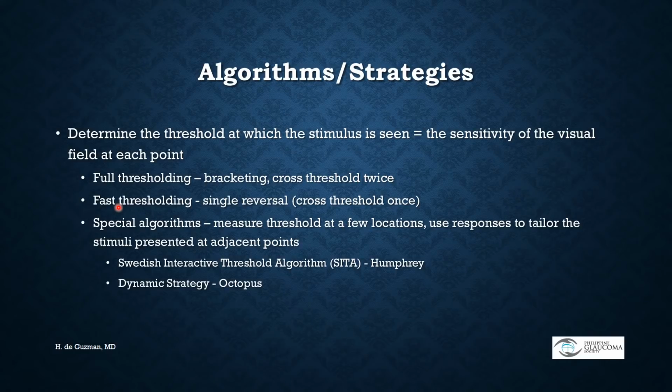There's the faster thresholding where it only crosses the threshold once. And then there are special algorithms which only measure the threshold at a few locations and then tailor the next stimuli based on the patient's responses to the earlier points. So in Humphrey, they have what's called the Swedish Interactive Threshold Algorithm, or SITA, and in Octopus, they have the dynamic strategy.